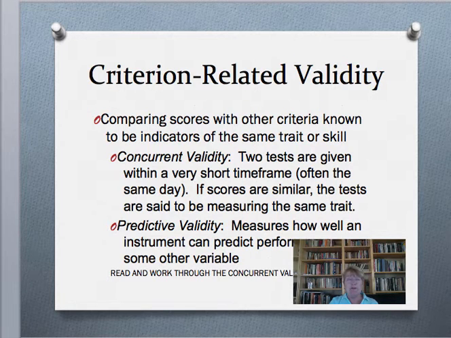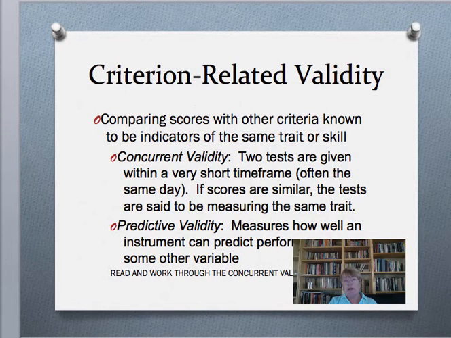I'm trying to measure the validity of test A, and I correlate the scores that you get on test A to the scores that you get on test B the very same day, and there should be a strong relationship between those scores, assuming my test A is a valid measure of the same kinds of things that test B is supposed to be a valid measure of. I could also look at your scores on test A and compare them to your performance today in school. So concurrent means within a very short time frame.